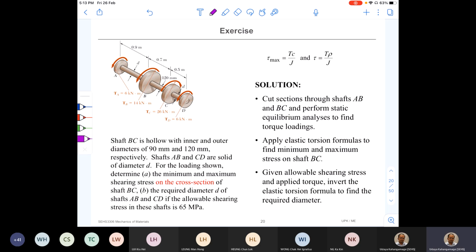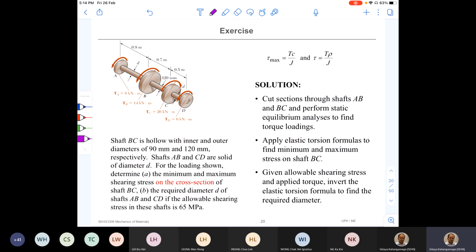Here the torque application is quite complicated, and you find this kind of application in many mechanical systems. So let's read the question first and try to understand it, and then work it out together. Again, there are a lot of gaps to fill up, so you need to write them down, and as you do the writing, you train your brain, right?